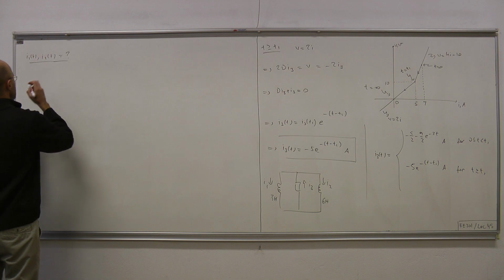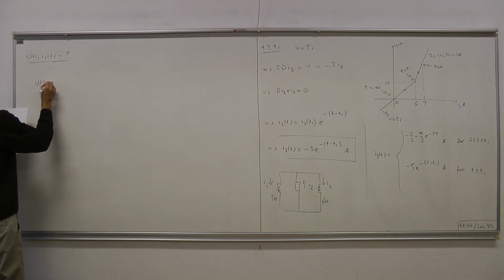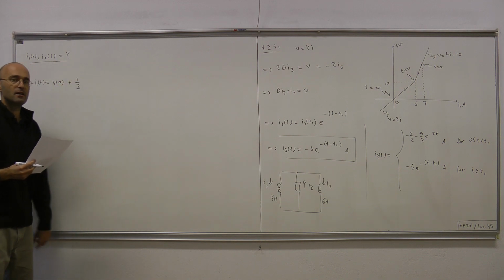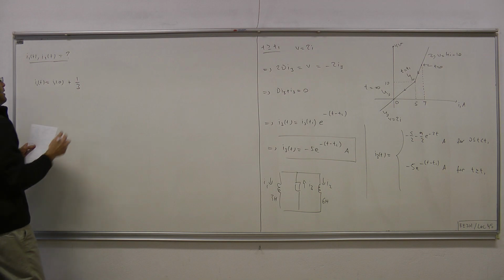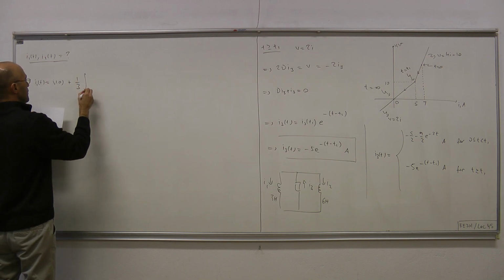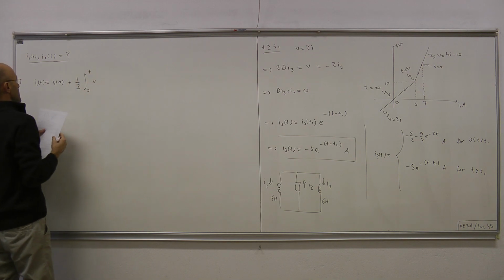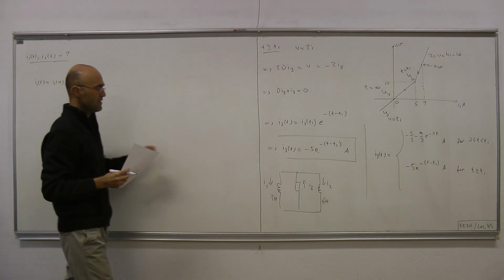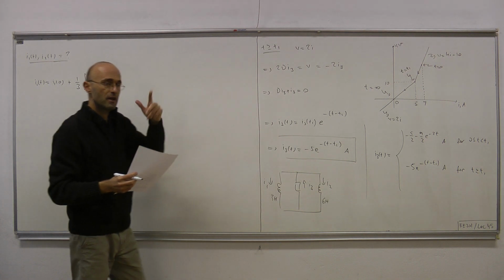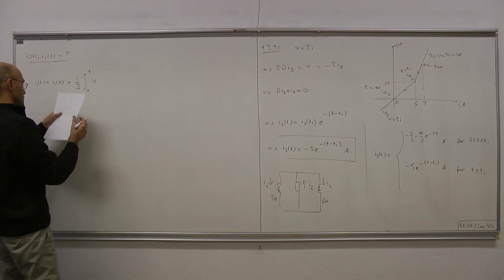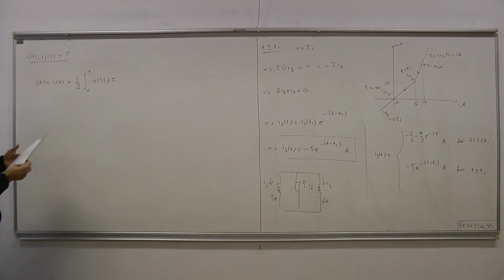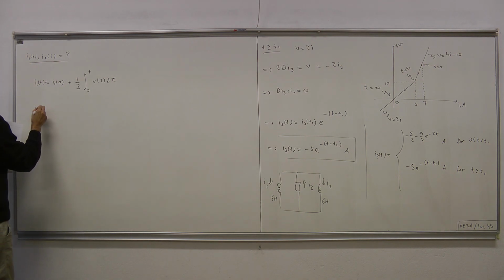Now, I1 of t equals I1(0) plus 1 over the inductance L1, and then you integrate from 0 to t V1 of tau d tau. Now V1 is V, because everything is parallel. There's only one voltage, so we have simply V of tau d tau. And as for I2, the same thing.